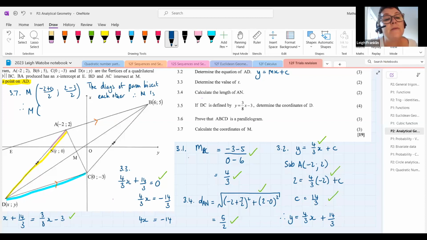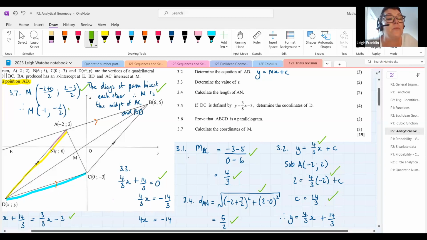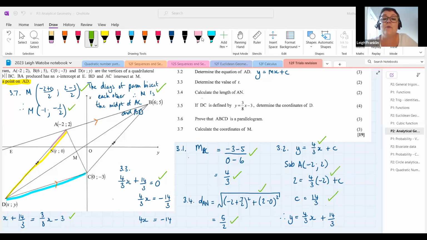Therefore, M is the midpoint of AC and BD, because that would be worth 1 mark. Then another mark for subbing in, and then a mark on the answer. So that would be -1, and that would be -1 over 2. Okay, that's it, guys. Well done. And that would be the last mark over there.